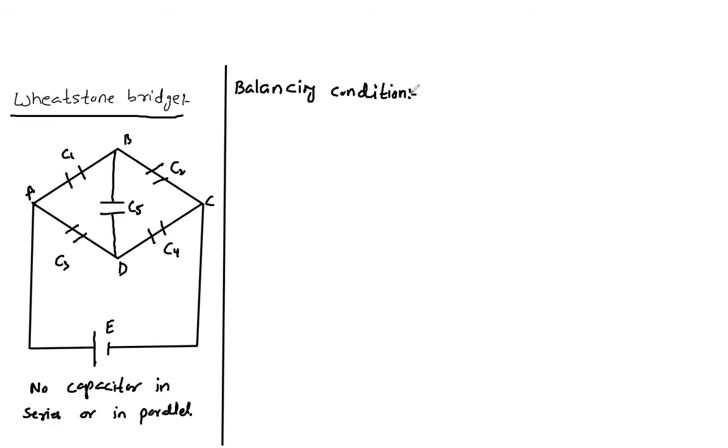Balancing condition. If your bridge is balanced, balanced bridge means potential at B and potential at D are equal. VB is equal to VD.